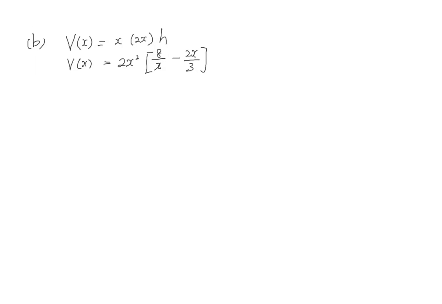Okay, you please continue to do by yourself first. Before you differentiate, you expand first. Okay, expand 2x squared times 8 over x, take away 2x squared times 2x divided by 3.